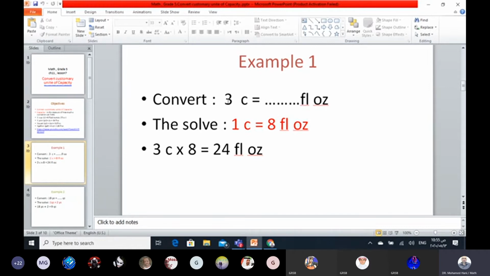So I can write 3 cups multiplied by 8. 3 times 8 is 24 fluid ounces. So 3 cups equal 24 fluid ounces.